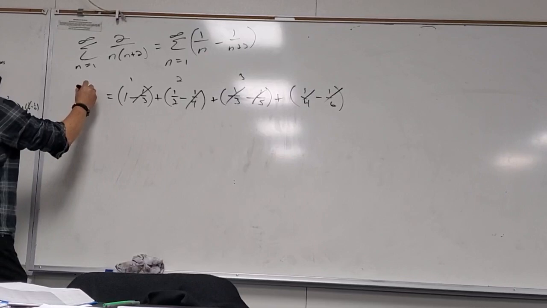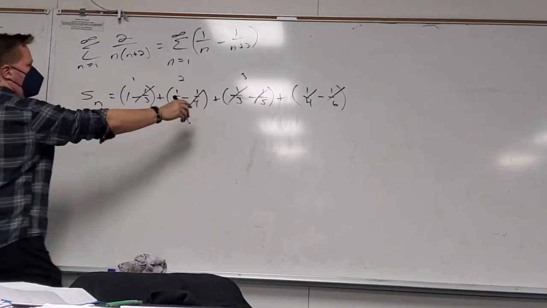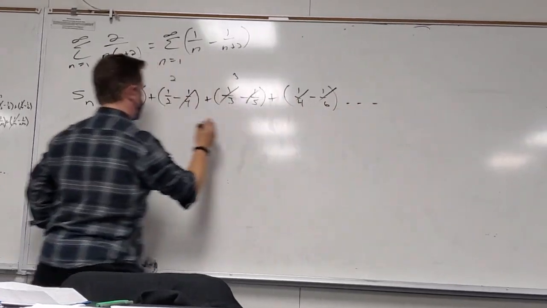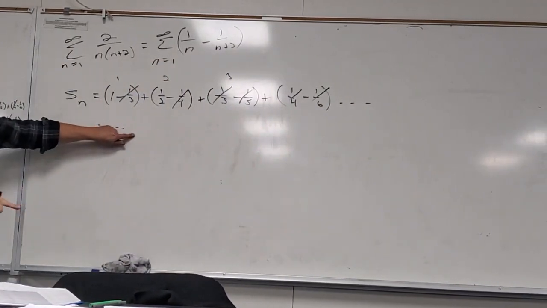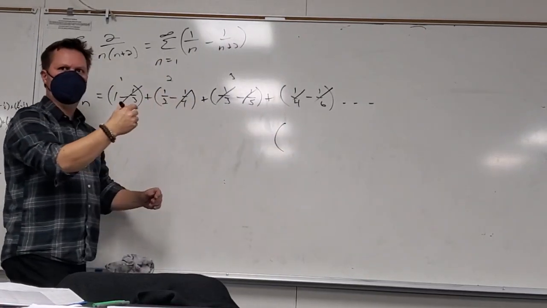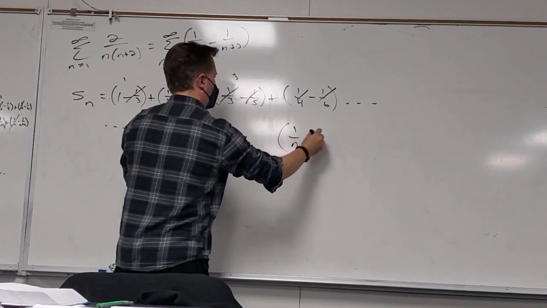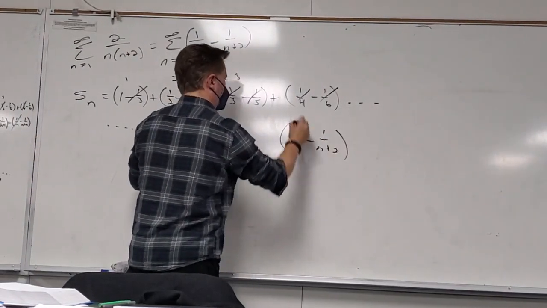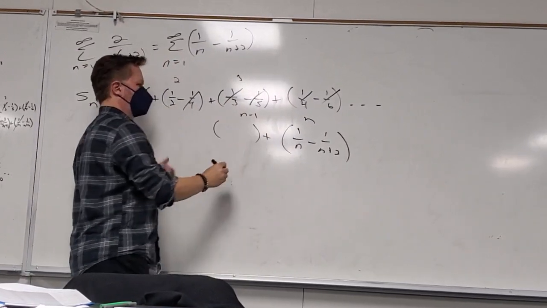You have to go to the end. What I mean is, I want to know what the nth sum is. So I'm going to go to the end and write some stuff backwards. What's the nth term look like? 1 over n. What does the n minus 1th term look like? 1 over n minus 1.